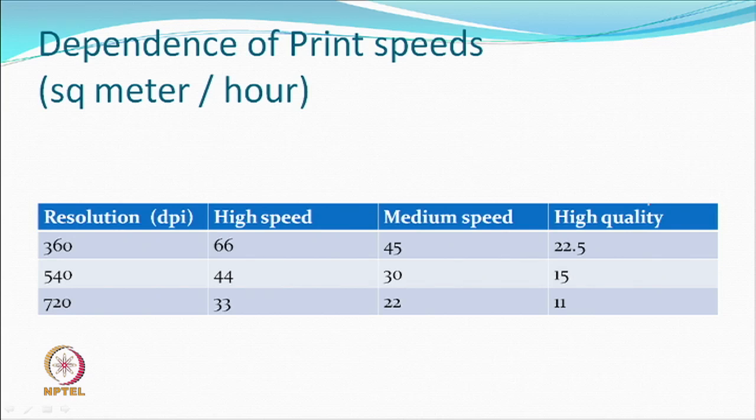How much area you can cover would depend on how many drops are going to be put. So, even for a high quality thing, the speeds can reduce. If you go for high DPI, the speeds can reduce. This is a typical example, does not have to be followed as it is. So, when you increase the DPI, the speed goes down like this, or if you increase the quality, then the speed goes down for the same DPI.